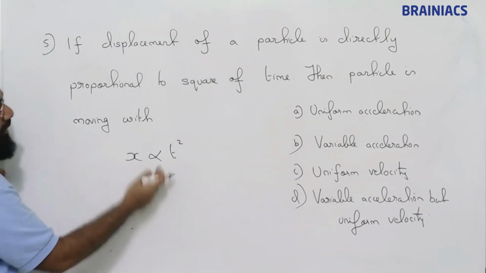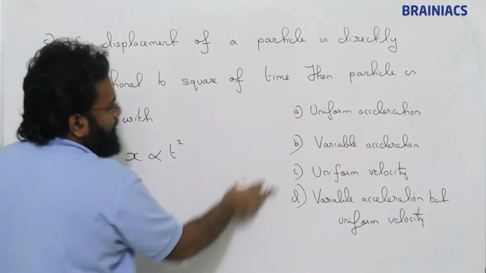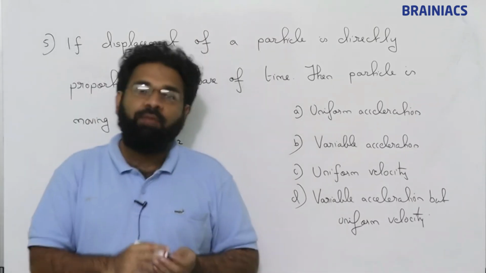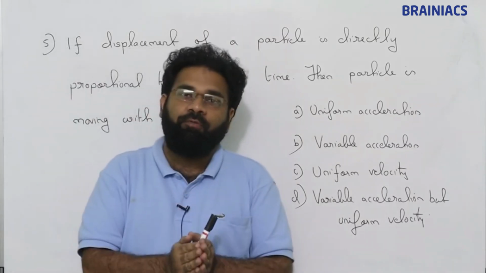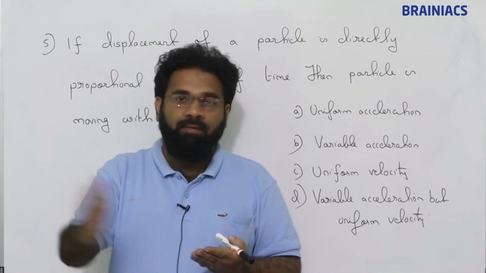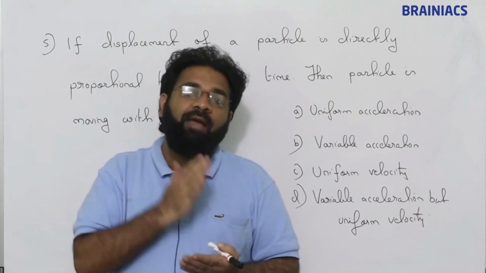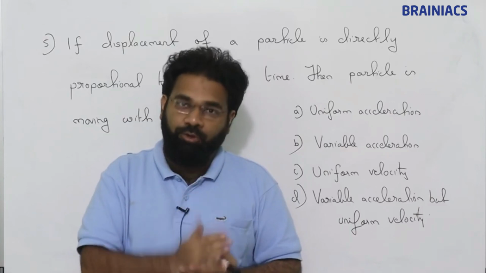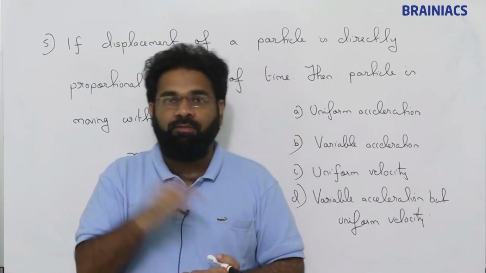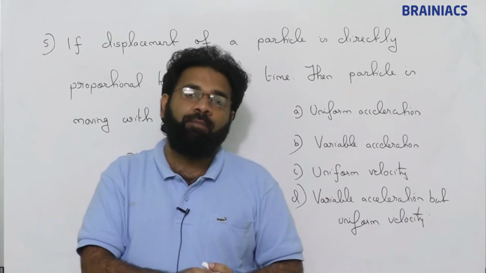So what we need to do is check velocity and acceleration. If velocity is a function of time, then definitely velocity will change as time changes. If acceleration is a function of time, then the acceleration will change with time.